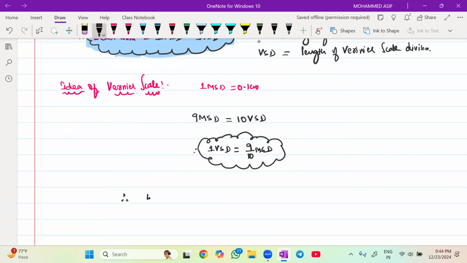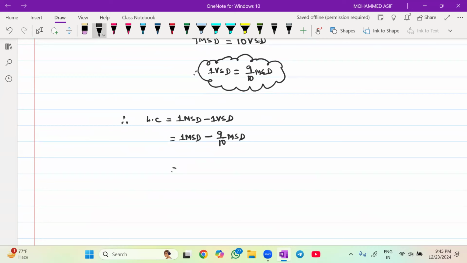Therefore, least count is equal to, what is the formula? 1 MSD minus 1 VSD. That is equal to 1 MSD minus 9 by 10 MSD. MSD I can take common here. So this value will become 1 minus 9 by 10 main scale division. Now take the LCM, which is 10.